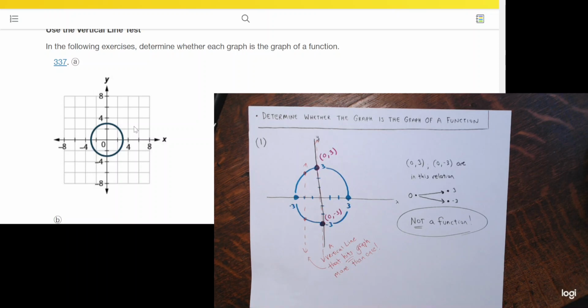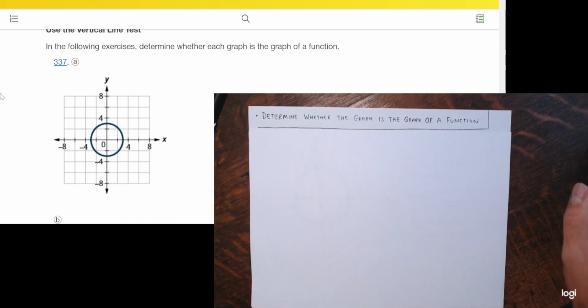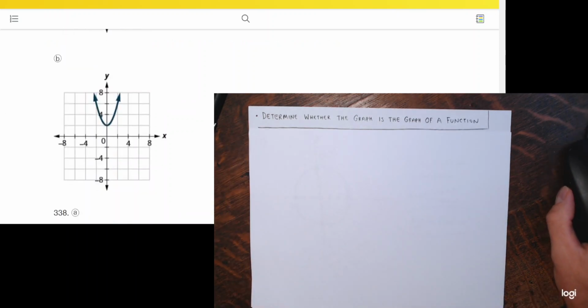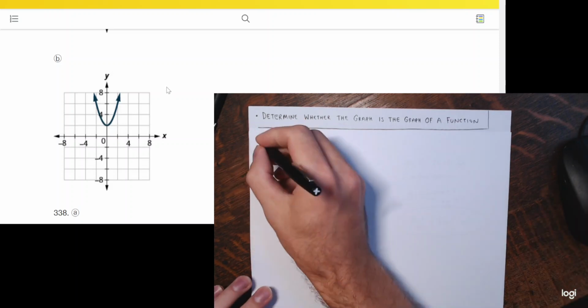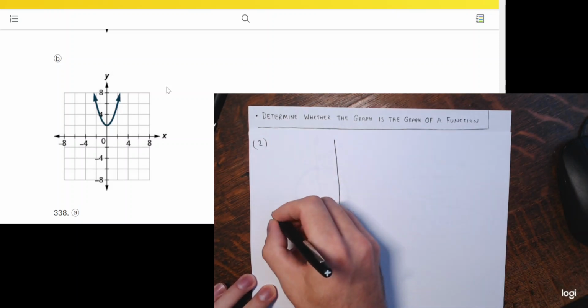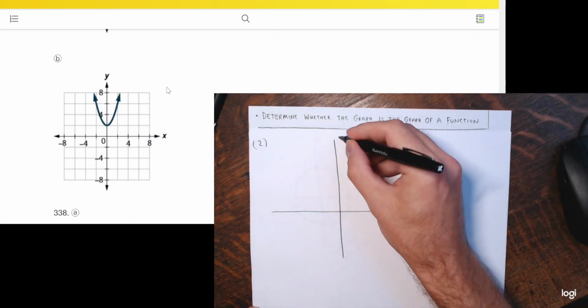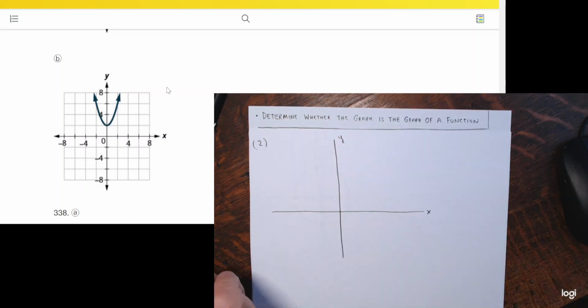All right, example 2, which is number 337, part B. So again, I'll draw a little rough sketch on my paper so we can start drawing our vertical lines. So x-axis, y-axis. And this looks like a parabola.